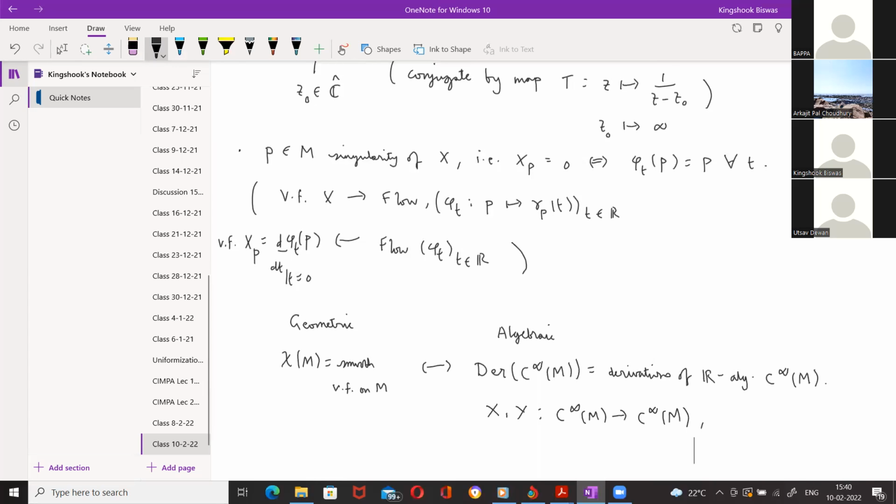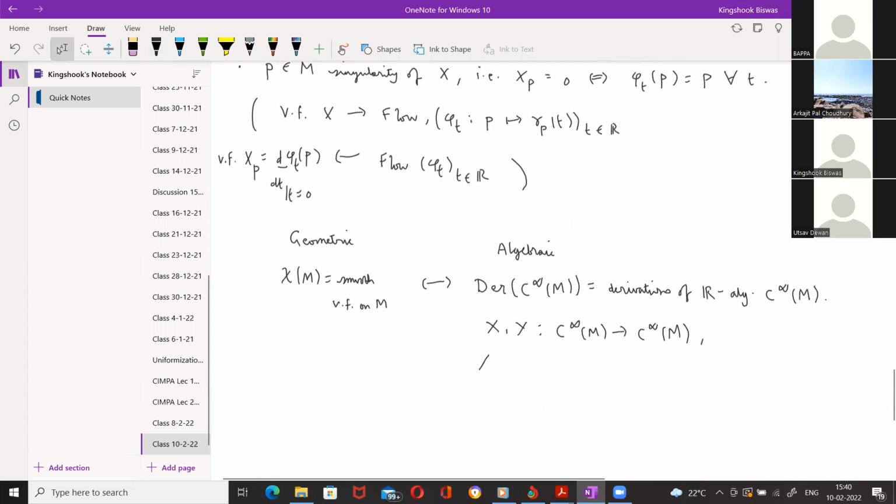So I can look at X composed with Y, which I'll write as just XY, and I also have YX. These will be maps from C infinity M to C infinity M. Now X and Y are what I was calling first order differential operators.